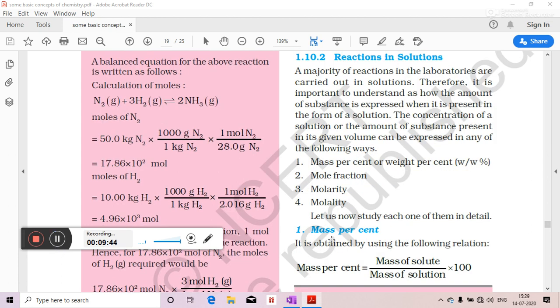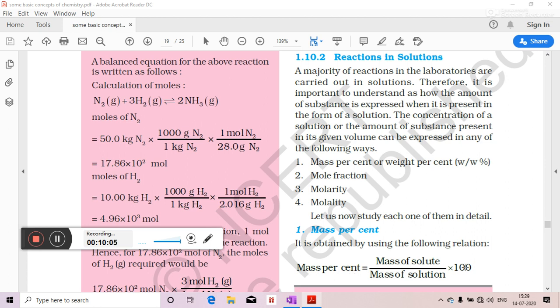Let us now study each one of them in detail. So first is mass percent. It is obtained by using the following relation. Mass percent equal to, in the numerator, mass of solute divided by mass of solution into 100%.